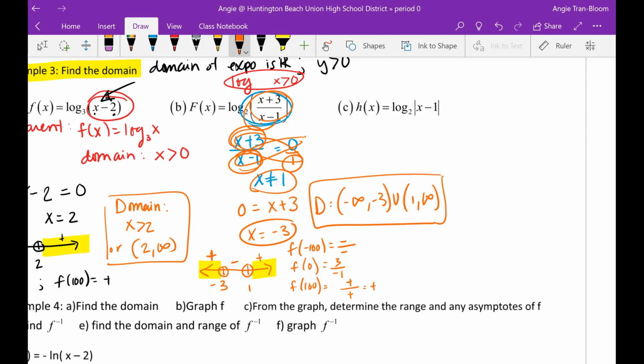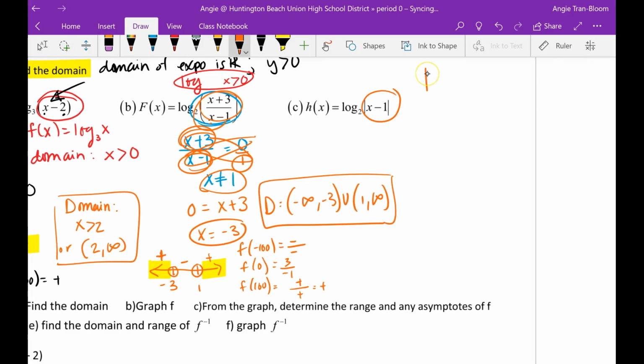Last thing is going to be this absolute value. You're going to take the absolute value and set it equal to 0. Keep in mind that the absolute value is beautiful, because what happens? Everything you plug in is going to be positive. So we take x minus 1.